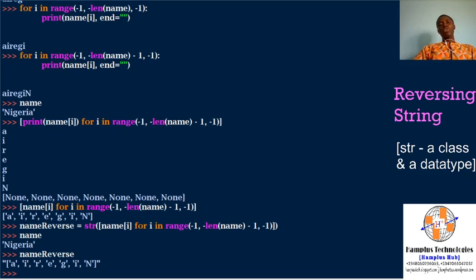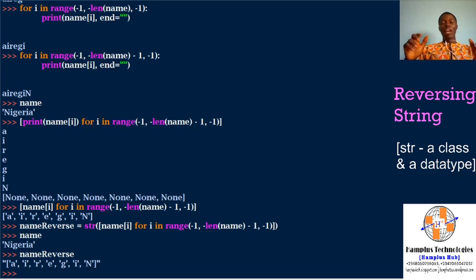So in this video, I've just shown you how you can make use of your print function without printing on a new line. You change the end and put just an empty double quote. By default, print works with a new line, printing each character on a new line. But when you want to put everything on a line, you do away with the default new line and put double quotes as the end.